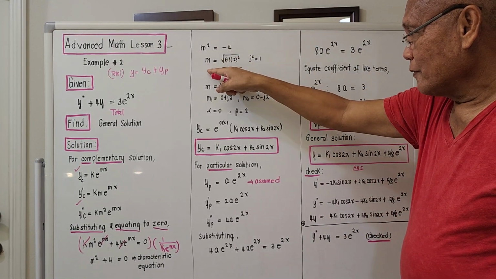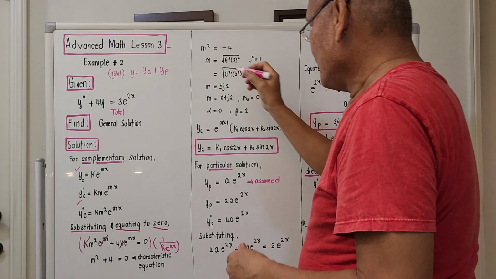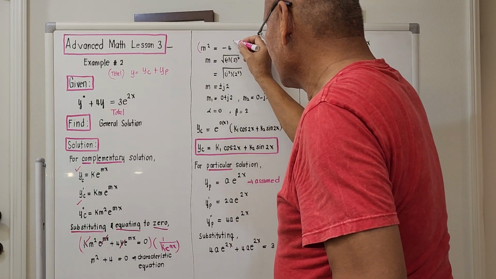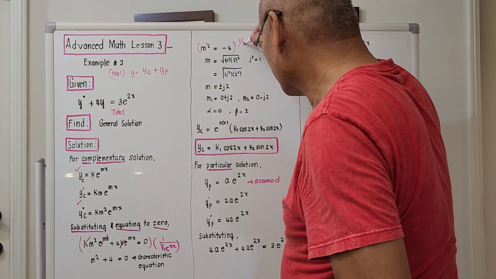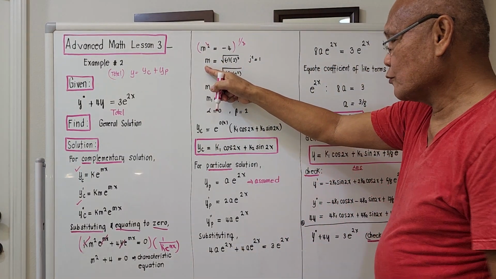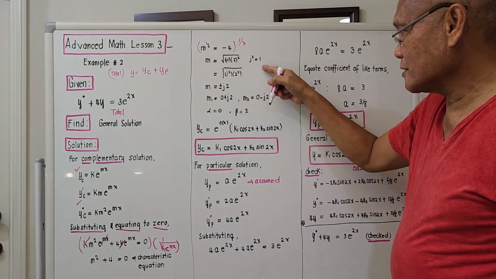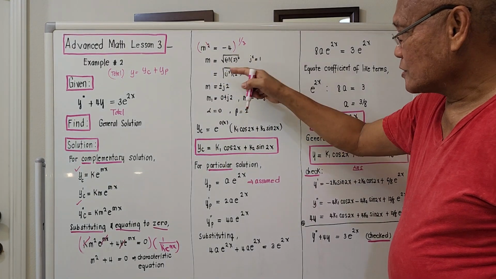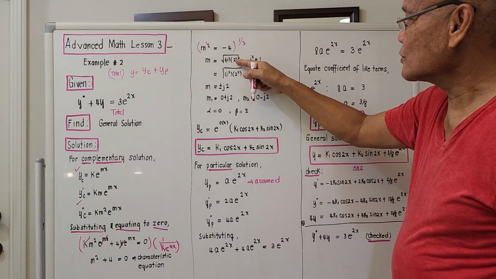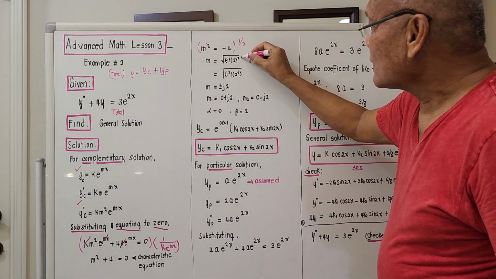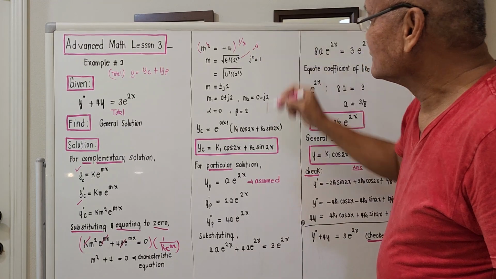M now will be equal to, if we take the square root of both sides, the square and the square root cancel, right? So what remains on the left will be m equal to the right hand side. It will just be simply the square root of negative 4. The one inside is negative 4, right?